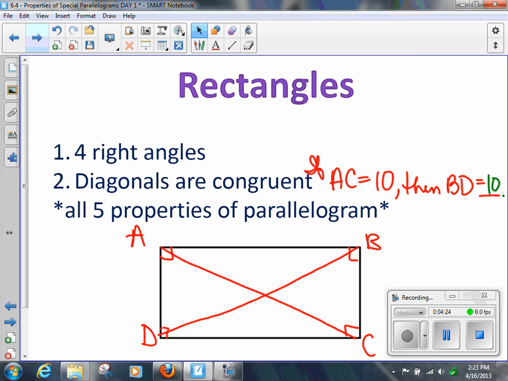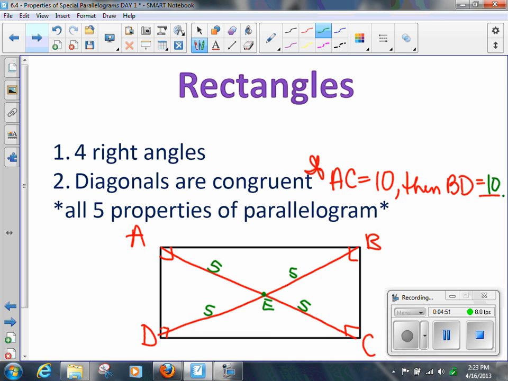That means that if the whole diagonal is 10, what is each of the little inside pieces? They're 5 each. And that's based upon the diagonals bisecting each other and being congruent. Okay?